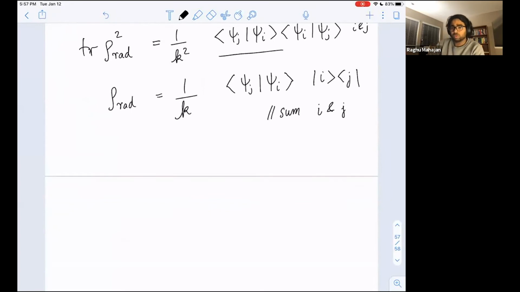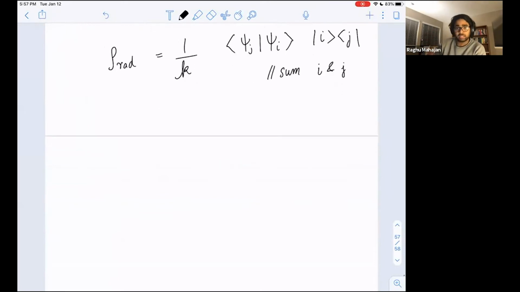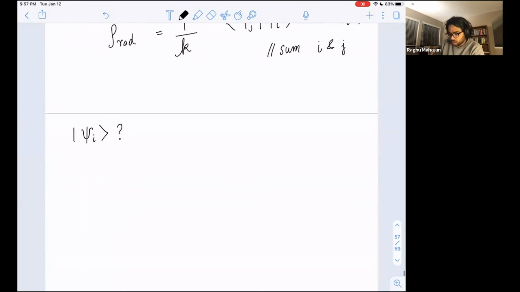Now I have to explain to you a little bit how these psi i states, these Kourkoulou-Maldacena states, are defined. So what is the state psi i? It's a pure state, but let's do it in steps. One thing we can do is a path integral on a circle.